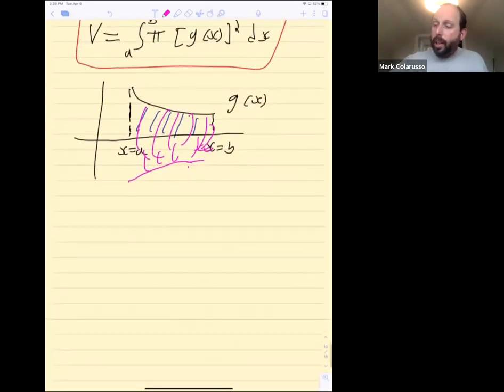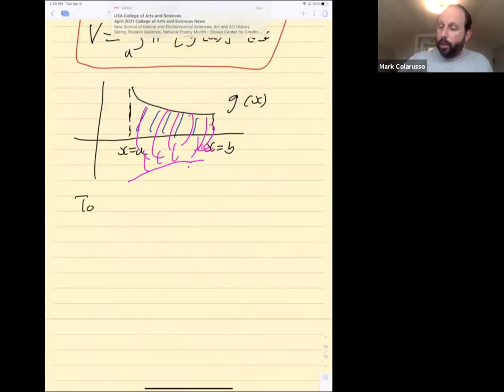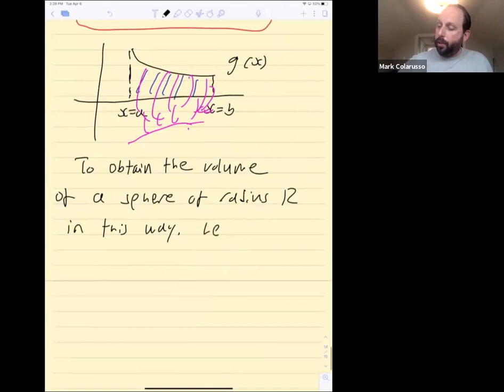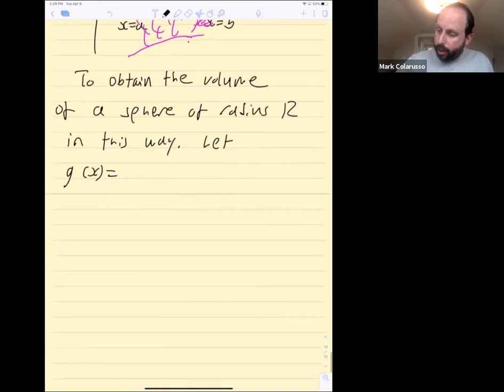Okay, so in the example, to obtain the volume of a sphere of radius r in this way, you let g of x be the square root of r squared minus x squared, and a equals minus r and b equals r.